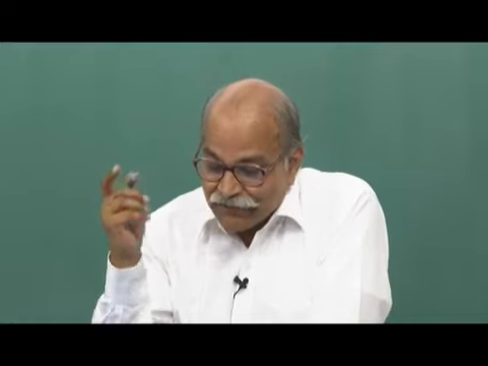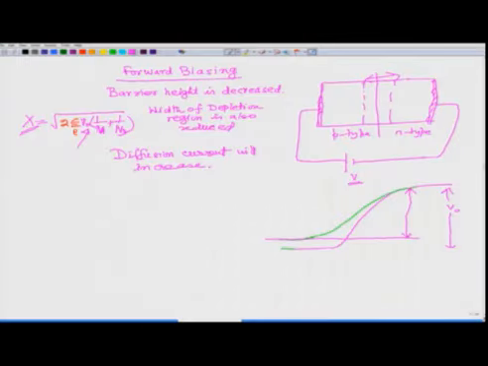So, for a given temperature this will increase, whereas the drift current will remain the same. So, the net current will increase. In what fashion?